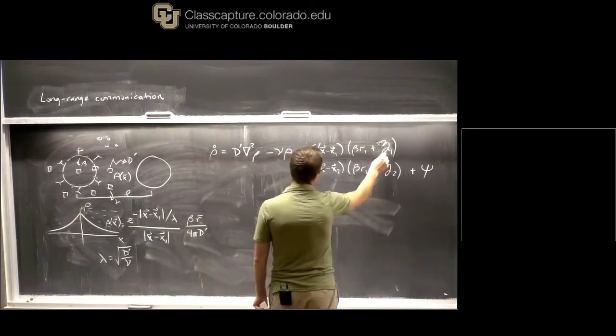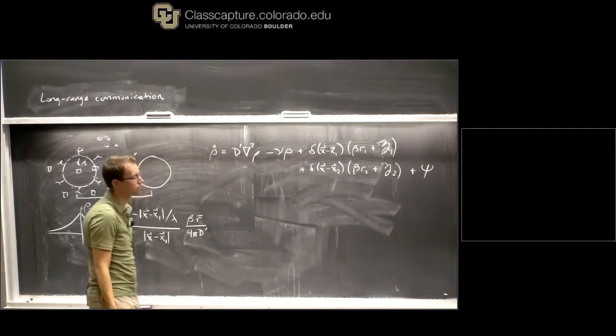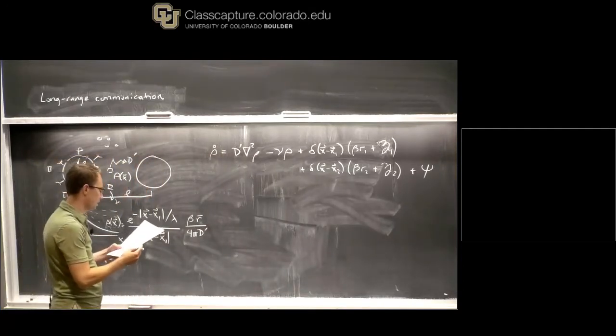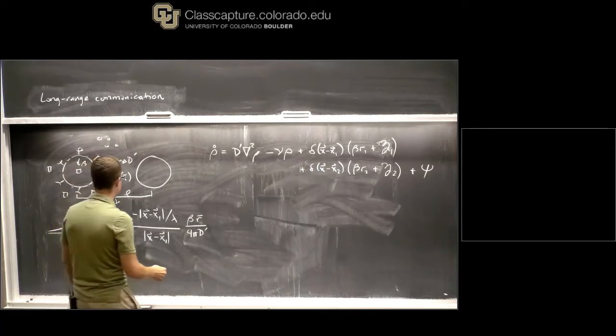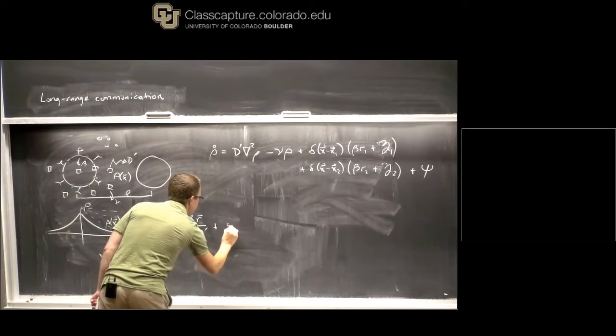These zetas will be delta correlated in time and have strength according to beta R bar, right? So just crossing the T's and dotting the I's. And then you have a similar thing here, plus same for x2.